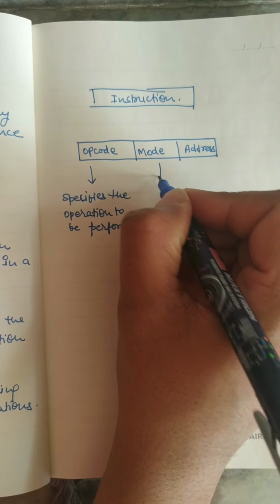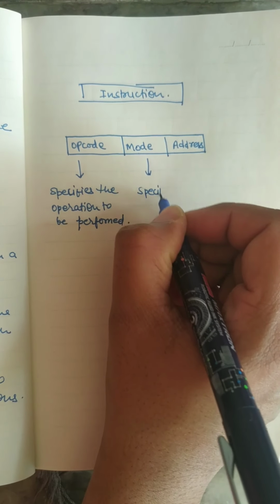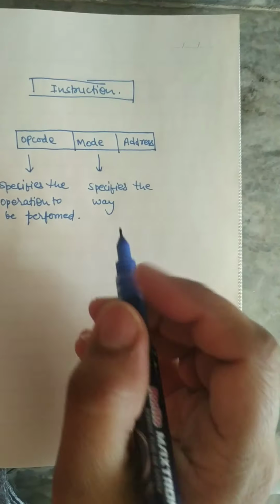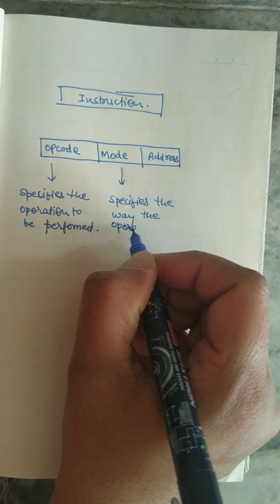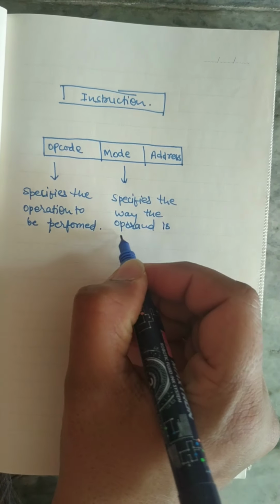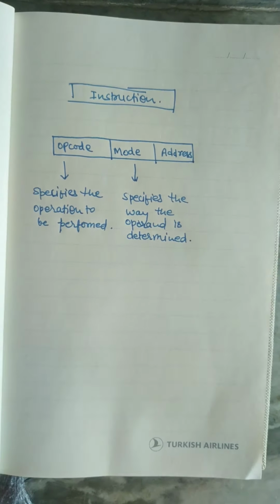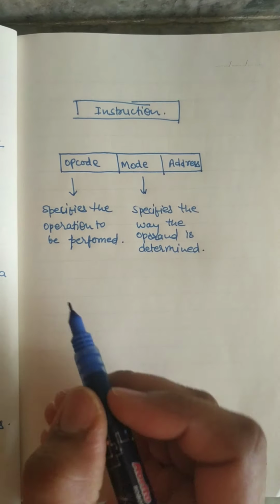Then comes the mode field. Mode field specifies the way the operand is determined.